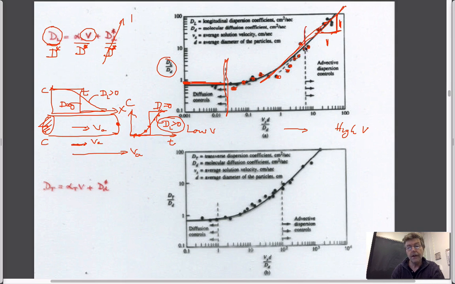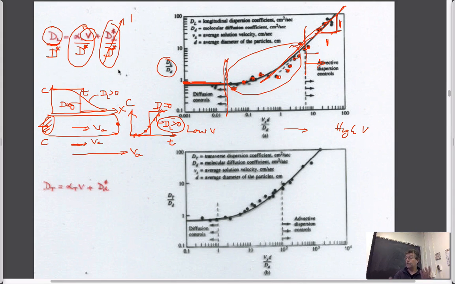At very high velocities, it's only dispersion occurring, this kind of mechanical mixing. It looks like diffusion, but the mechanism is absolutely not diffusion. And it gives this behavior here. And somewhere between those 2 points, there's the transition where it's not completely overpowered by the right-hand side and not completely dominated by the left-hand side, but they're of some kind of equal importance. And so that's all this figure is.